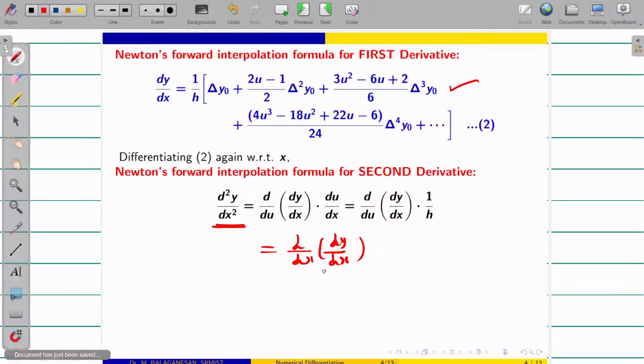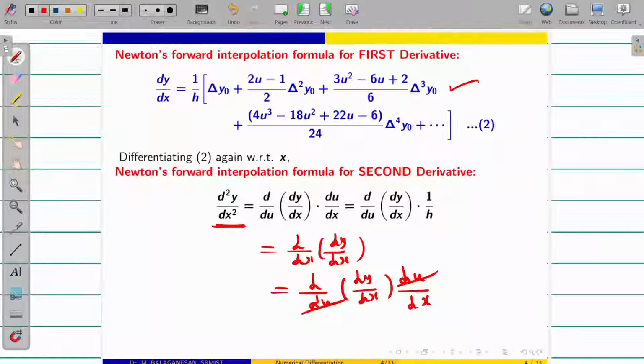So it's equivalent to d by du into, do not disturb this, dy by dx into du by dx. Is it clear? Do you understand the concept? Simple thing. I have multiplied and divided by du. If I cancel that, I will get the same answer. I'm adjusting with u.